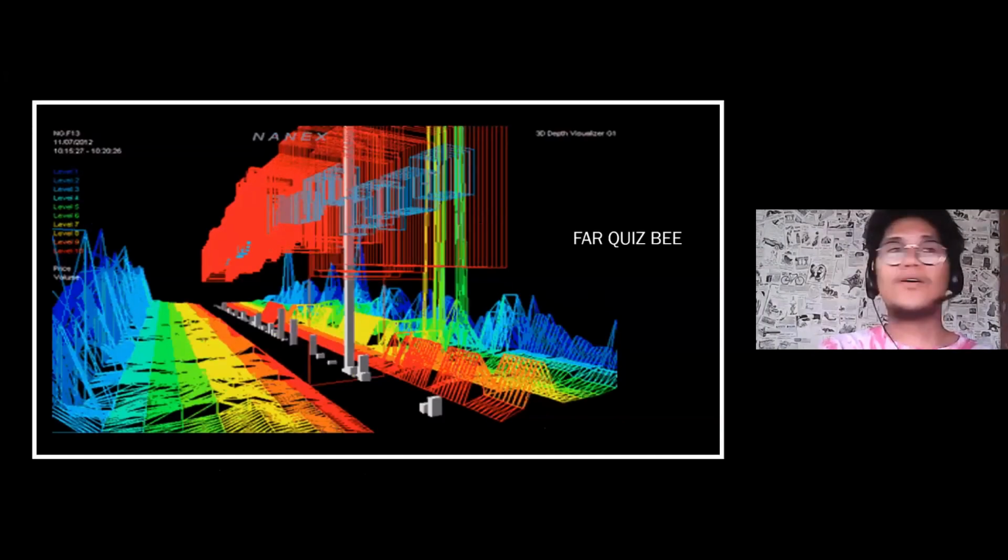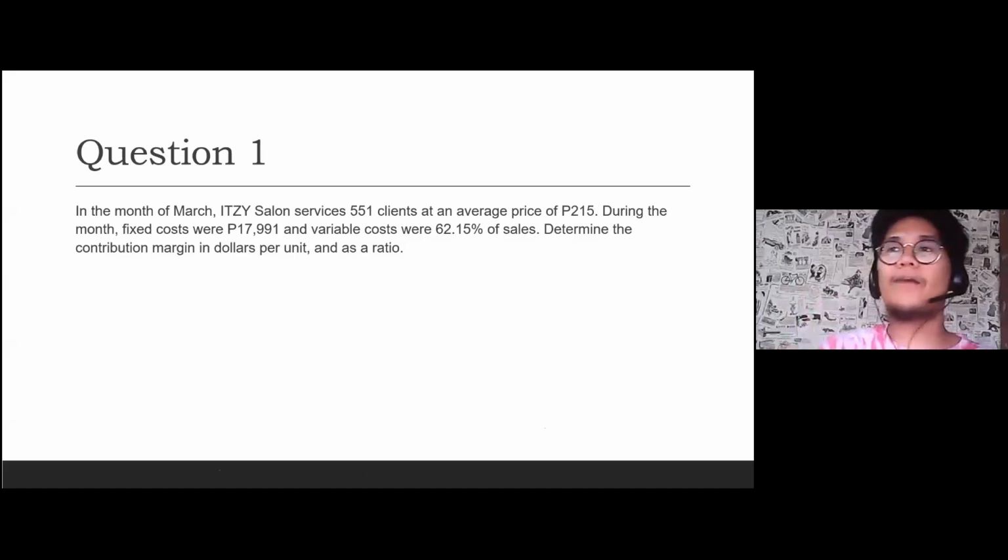Okay? So guys, I want you to compute for this particular problem, no? I want you to compute for the contribution margin in peso per unit and as a ratio, no? Contribution margin ratio. So in the month of March, each C salon services 551 clients at an average of 215 pesos.